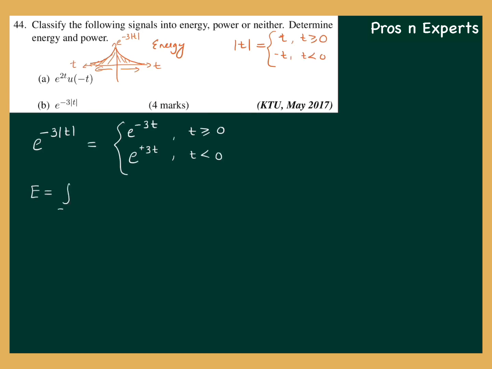Energy is equal to, as usual, the integral from minus infinity to plus infinity of mod x of t square. This signal is a real signal, so I can write it as x square of t dt. Now listen, in this integration there are two parts. From minus infinity to 0 the expression is e raised to 3t, because e raised to 3t is for t negative.